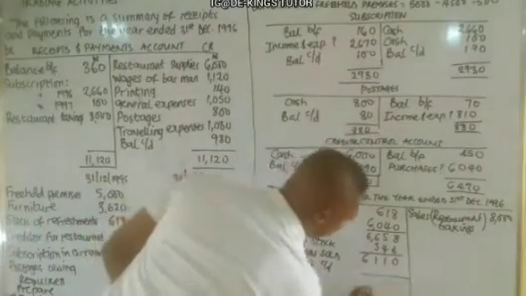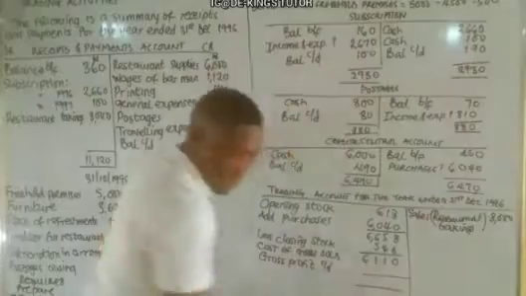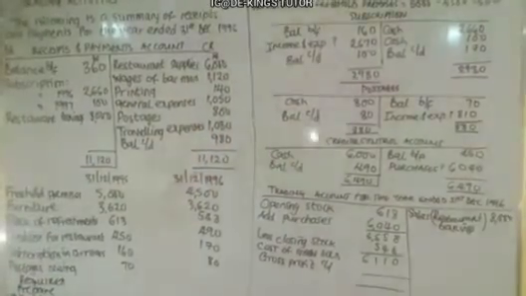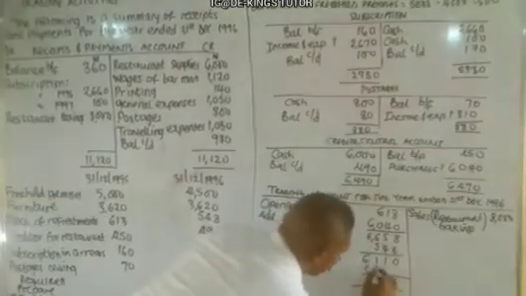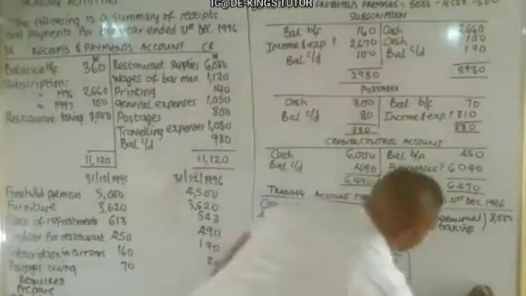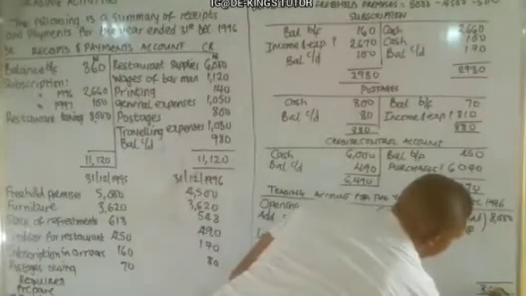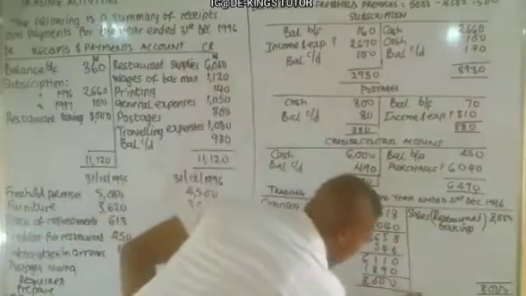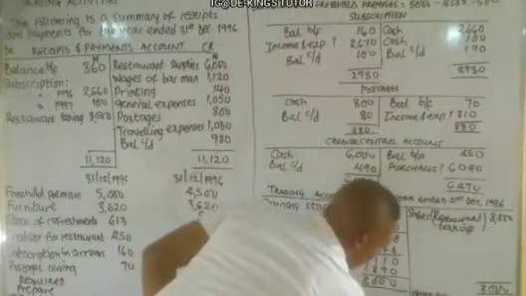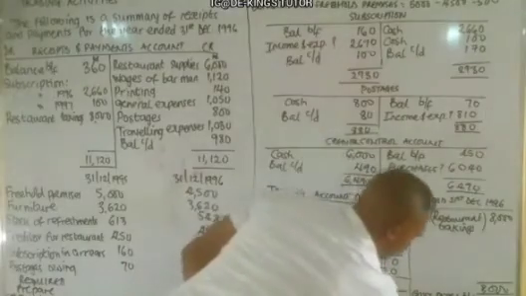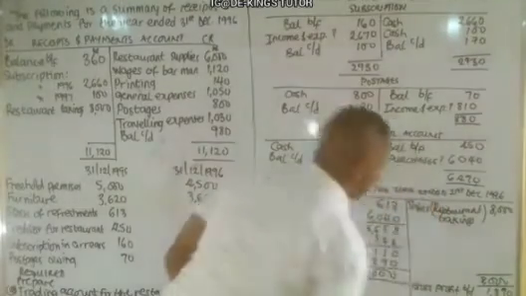8,000 minus 6,110. If I do that with my calculator, I'll be having 1,890. Okay, so gross profit brought down is 1,890.